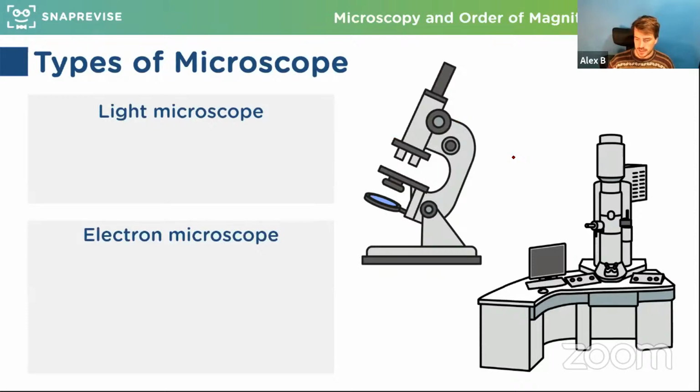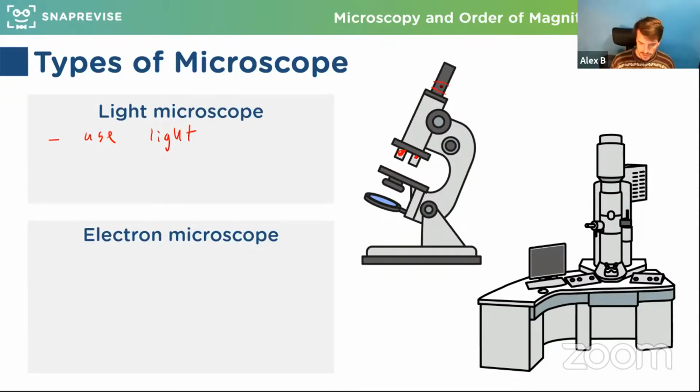So let's look at the two different types of microscope. We've got light microscopes and electron microscopes. Light microscopes obviously use light, and they use lenses, bits of glass, to focus the light and magnify it.